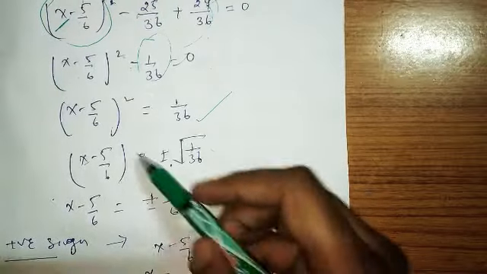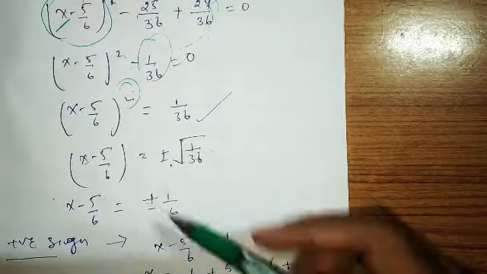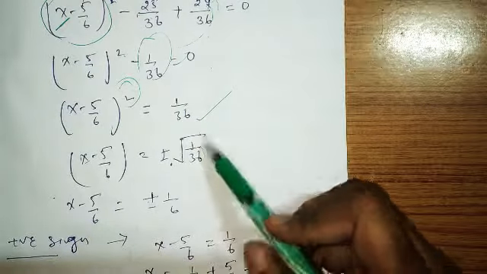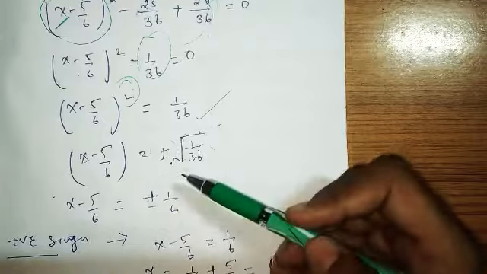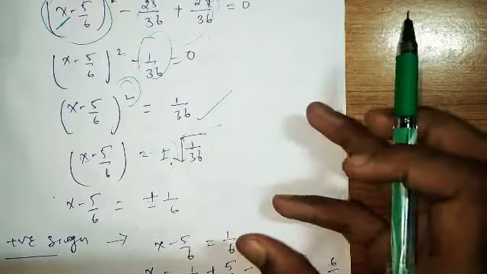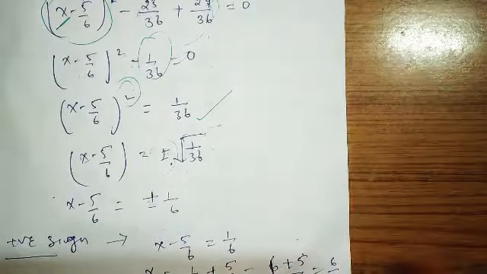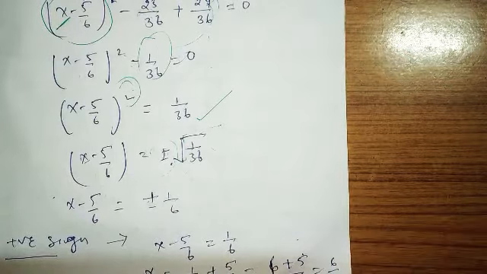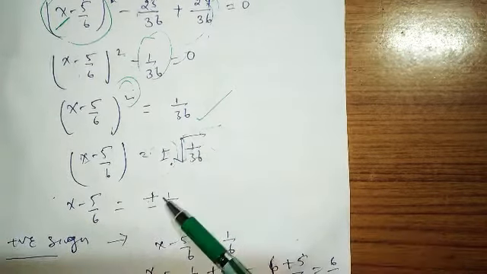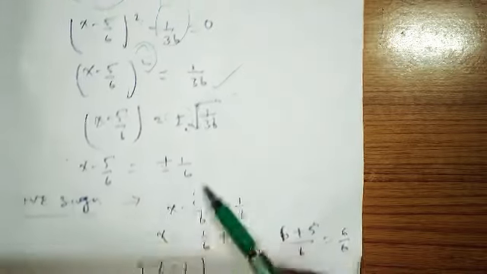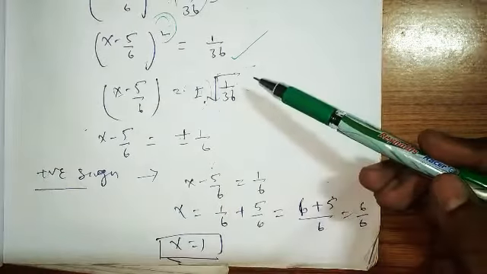Now this is whole square. After transferring to the right side, you will get the under root, with plus minus symbol. Please always use plus minus symbol, because we are studying quadratic equation and we have to use this sign, plus and minus. So after taking positive sign, see, this is 1 upon 36.